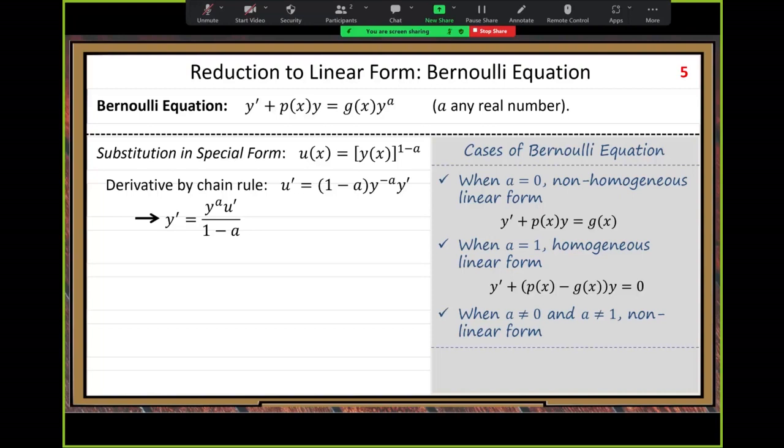Put it back into the original equation, and after some simplification, we get a linear first order differential equation for u.